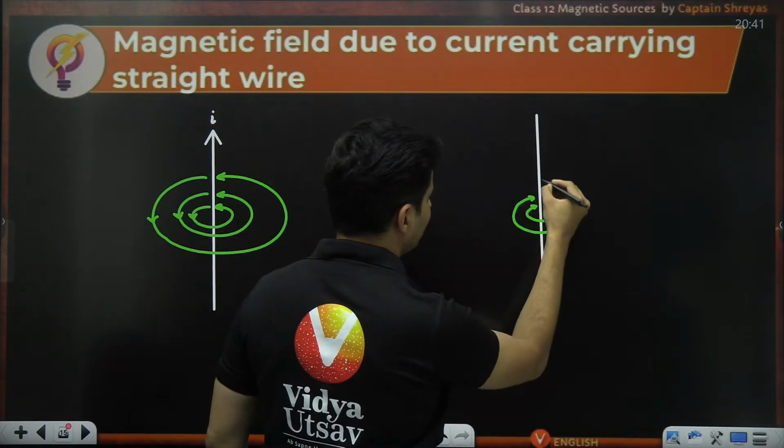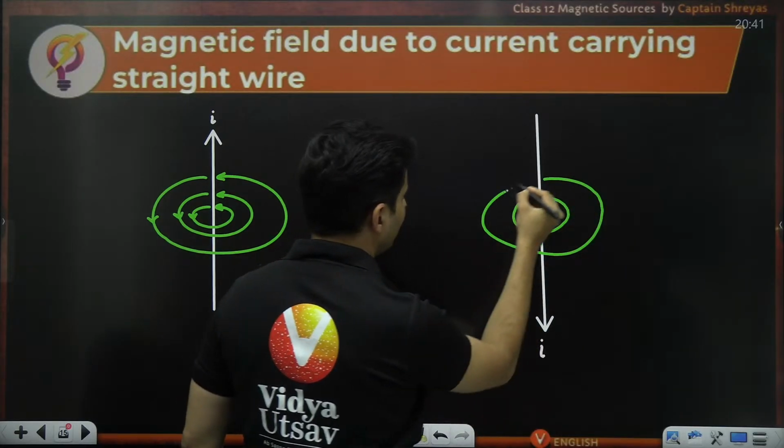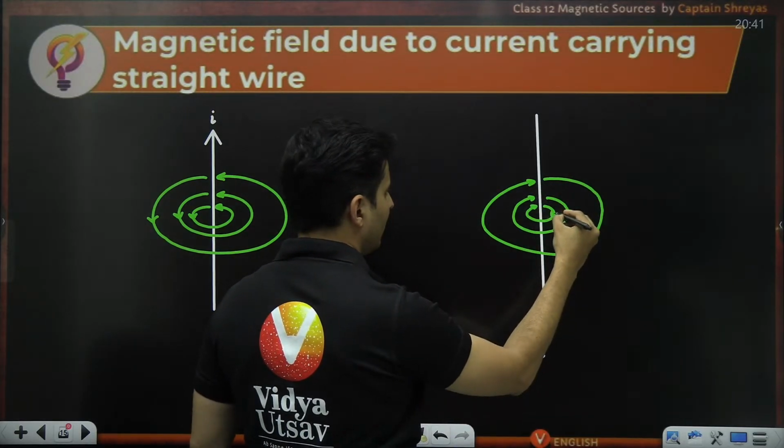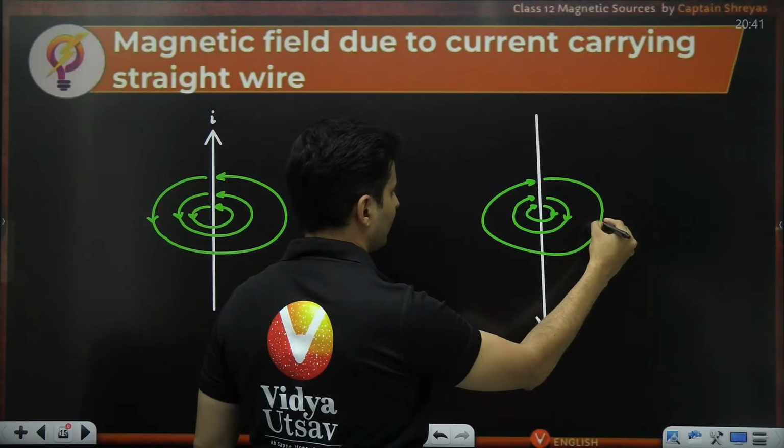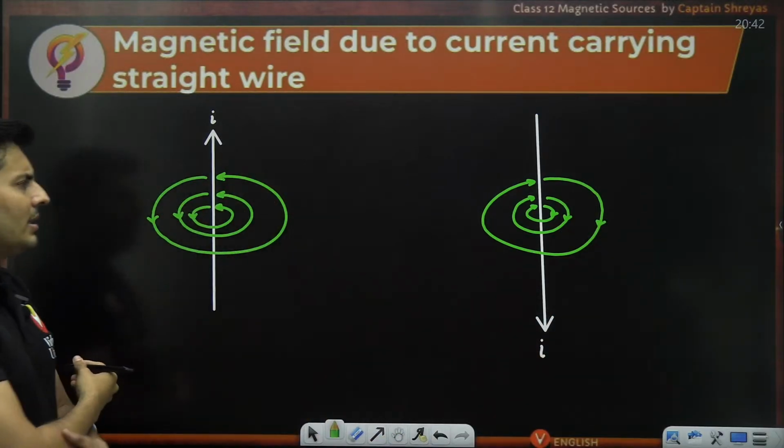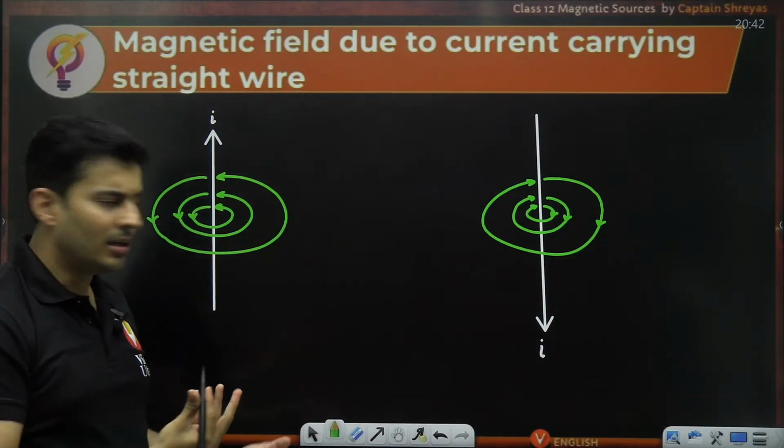Slightly difficult to draw these circles in 3D, but I'm trying my best. That is how it looks. Basically, we are using the right hand thumb rule.